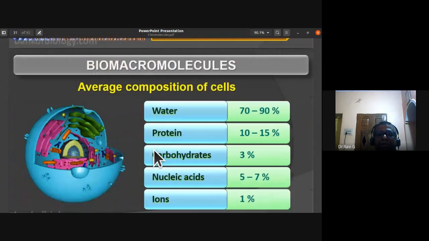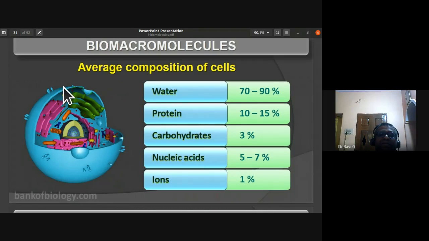The average composition of cells: what are the components in a cell? Water, nearly 70 to 90% of the cell, is made up of water. Proteins are nearly 10 to 15%. Carbohydrates are very little, nearly 3%.